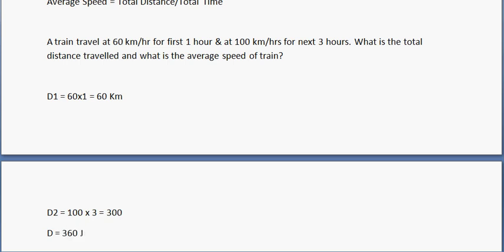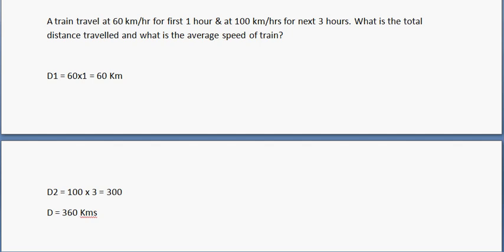So this is the total distance traveled by the train in how many hours? In 4 hours. So average speed would be 360 divided by the total of 4 hours, which is equal to 90 kilometer per hour.